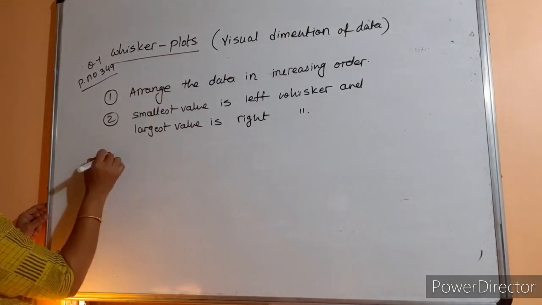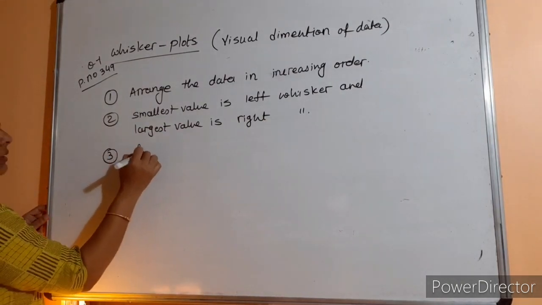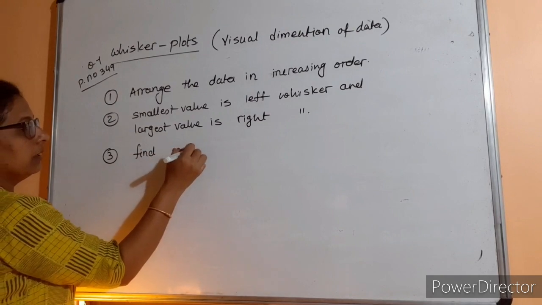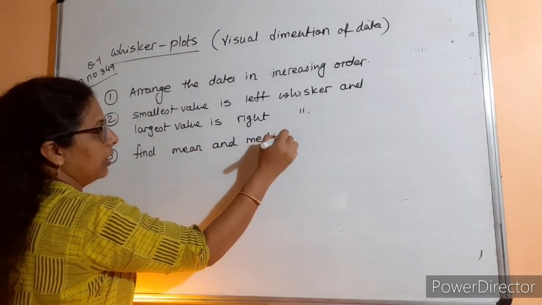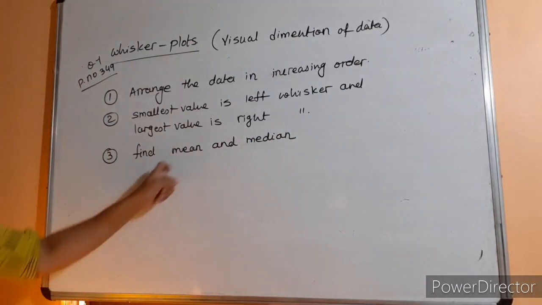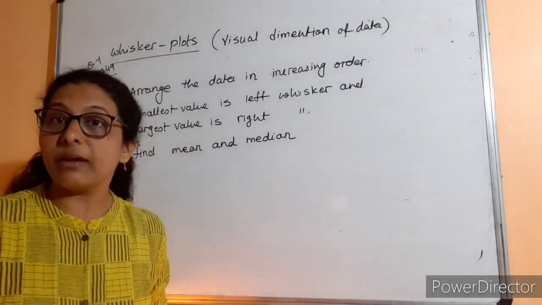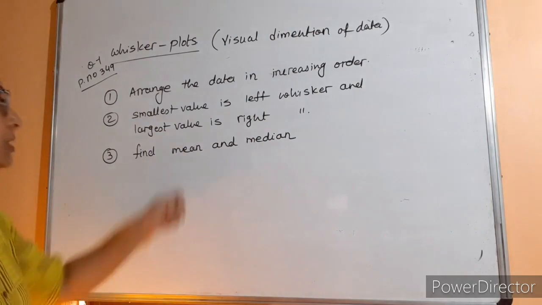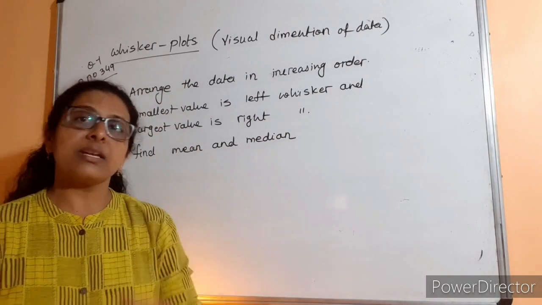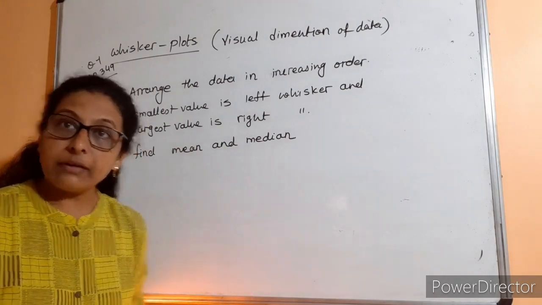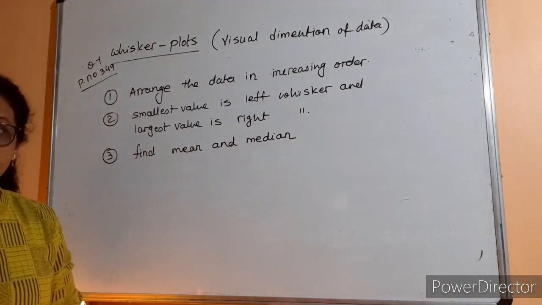Right? Then third, find the mean and median. A mean is not used in the whisker plot graph, but still it is a process to find the mean and median. When we compare the data, sometimes we need the mean, and therefore we'll find the mean as well.